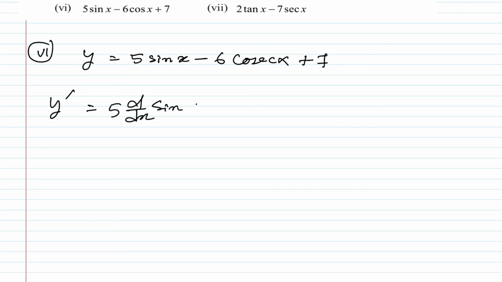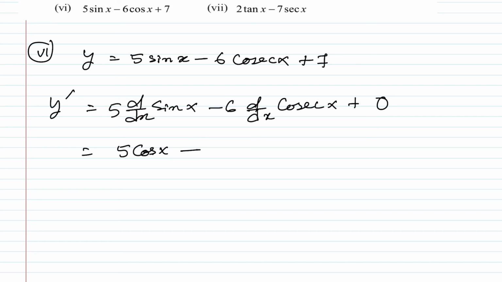So 5 derivative of sin x minus 6 derivative of cosec x, and derivative of a constant is 0. Derivative of sin x is cos x, and derivative of cosec x is minus cosec x cot x, so here it will be minus, minus, plus cosec x cot x. So this is our answer.